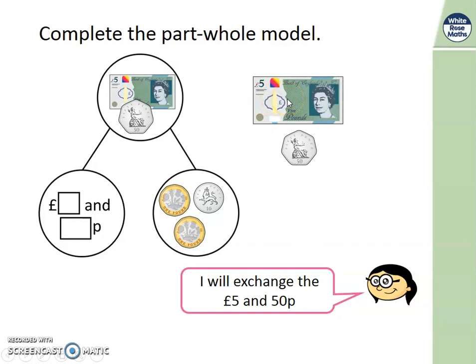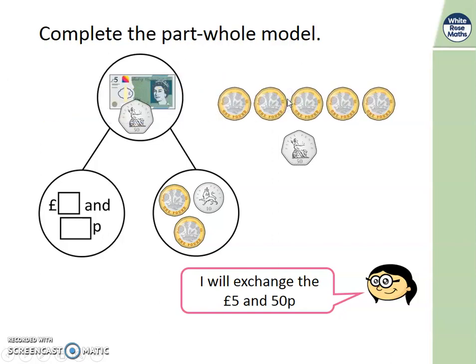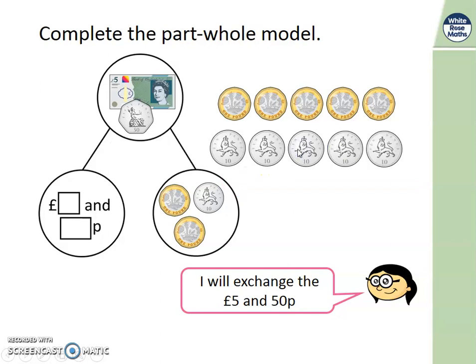She could take that one £5 note and exchange it for 5 £1 coins. She could take this 50 pence coin and exchange it for 5 10 pence coins. Now she's still got £5.50, just in a different way.